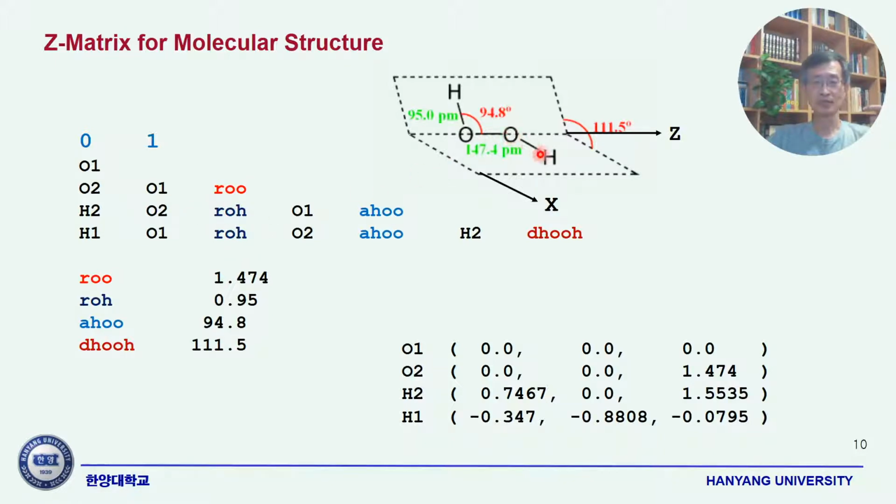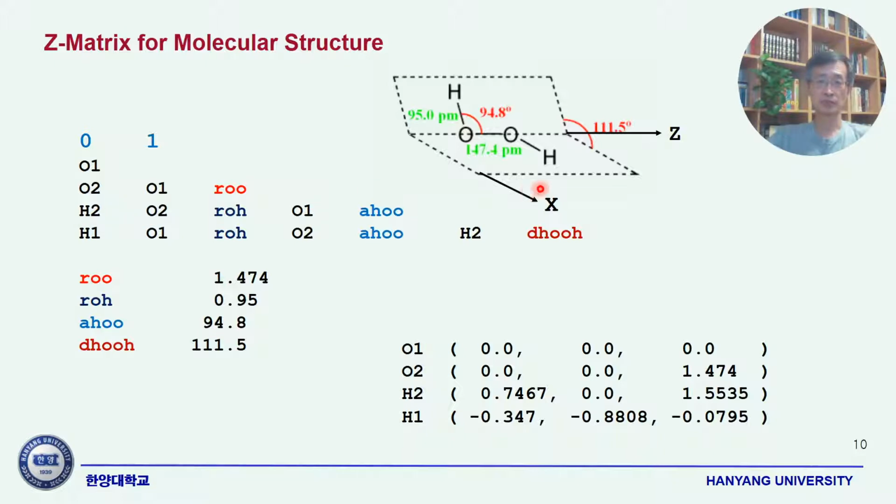ROH is actually the same as this one. That is connected to O1, making this angle, AHOO. So basically the third atom is connected to the previous atom and then makes an angle to another previous atom. That's the way it is.